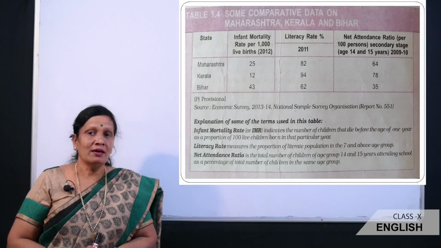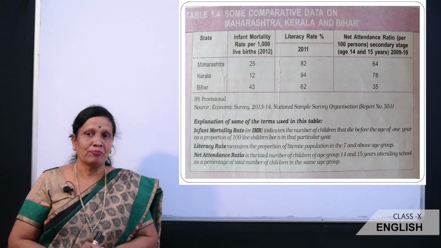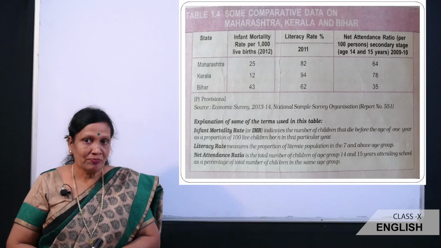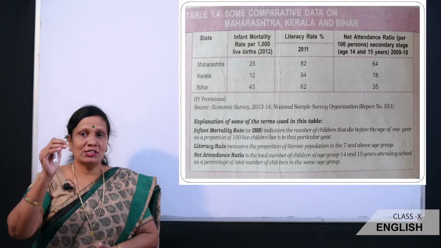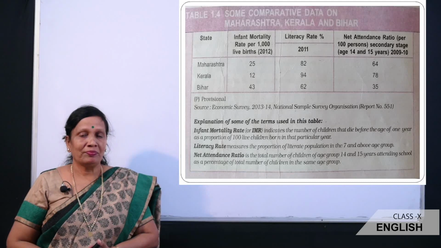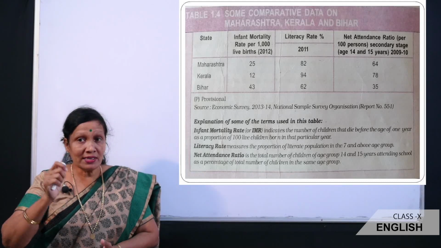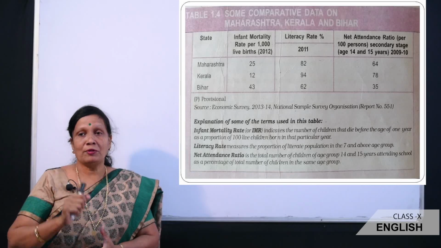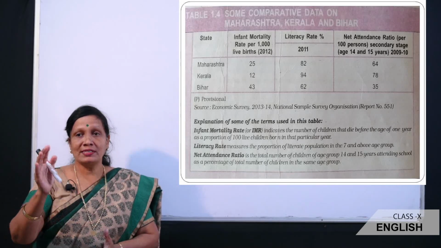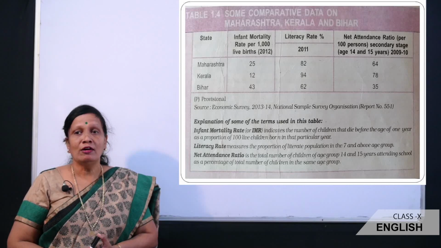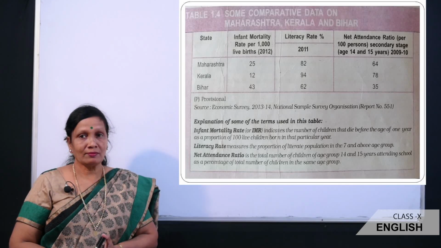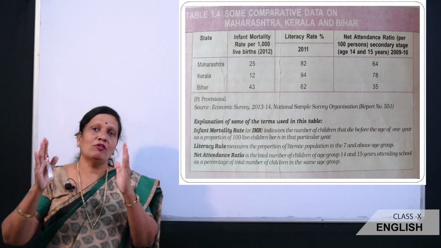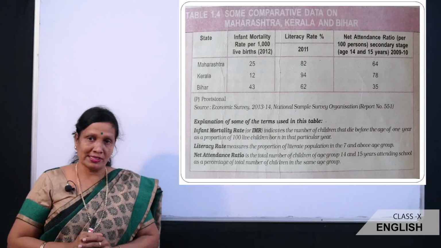The first one is the infant mortality rate per 1000, and then the literacy rate, this is of 2011, and then the net attendance ratio per 100 at secondary stage, that is the age group 14 and 15 years. Right.